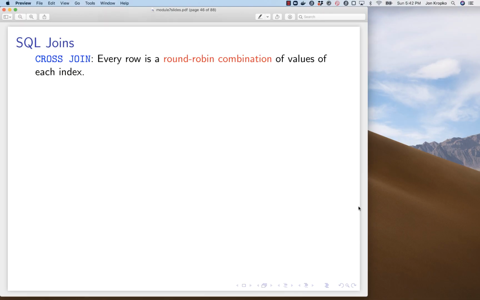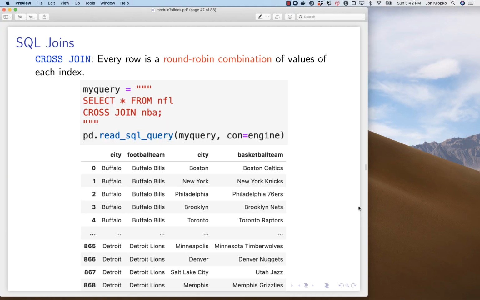A cross join is not one you're going to use all that often, but it's good to know about. It's going to combine the rows in one table with every single row in the other table in a round robin kind of way. It's going to give you all pairwise combinations of rows. You don't have to write on because there's nothing to match to. It assumes you're going to match each row to every row in the other one.